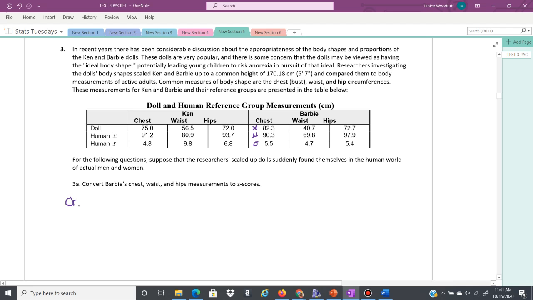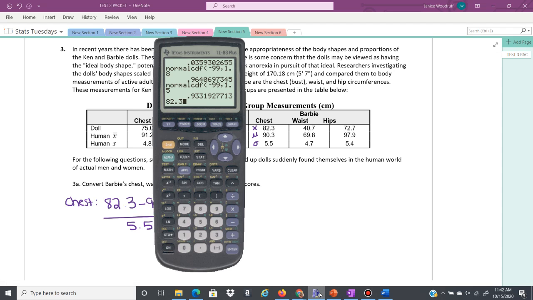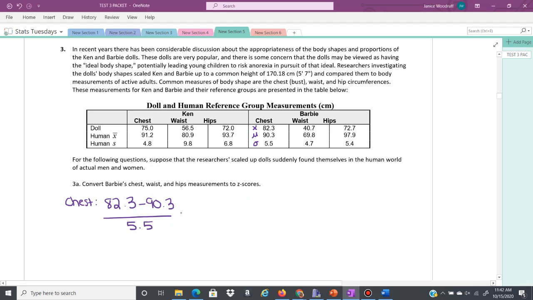Okay, so for chest, we would do 82.3 minus 90.3 over 5.5. So that gives us a negative 1.4545.